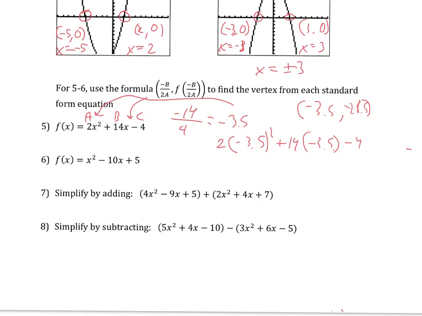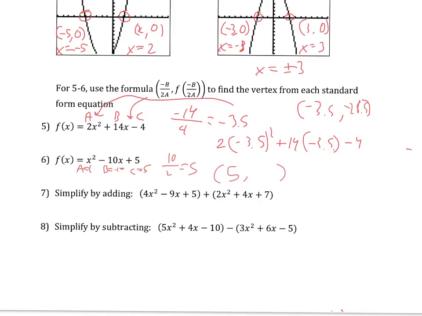Number 6, same techniques. First of all, the a number is 1, the b number is -10, and the c number is 5. So opposite of b would be +10, divided by 2 times the a, which is 1, so 2 times 1 is 2. So I get 5. So the answer is 5 something.